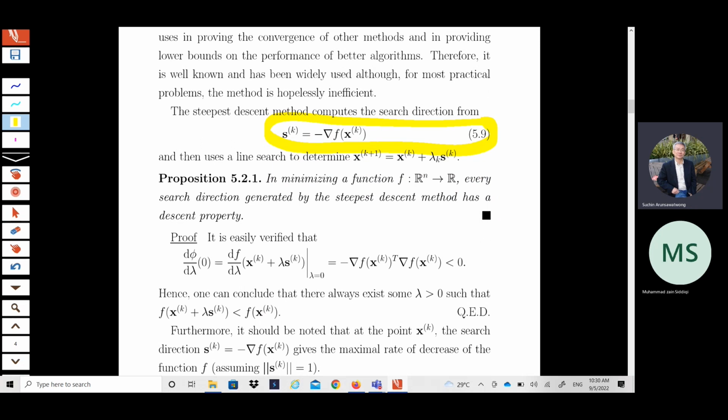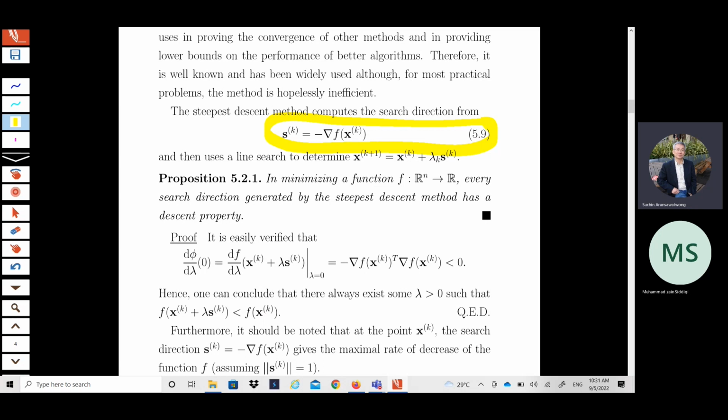In this proposition, assume that we minimize a function f. In every search direction generated by the steepest descent method, there is a descent property.